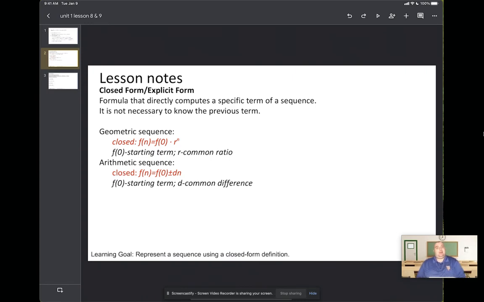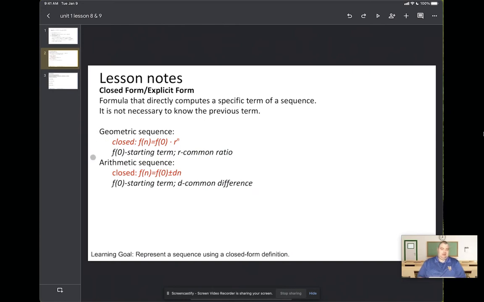But in order to find the 99th term, I would need to know the 98th term. And in order to find that, I would need to know the 97th term, so on and so forth. With this closed or explicit form, I can calculate the 100th term directly without having to find the 99 terms prior to that. So that's an advantage of the closed versus the recursive.